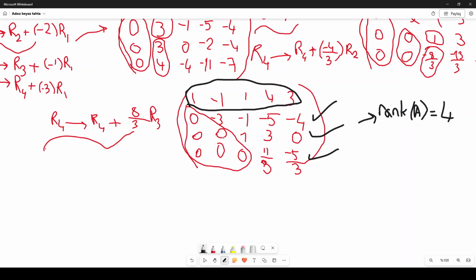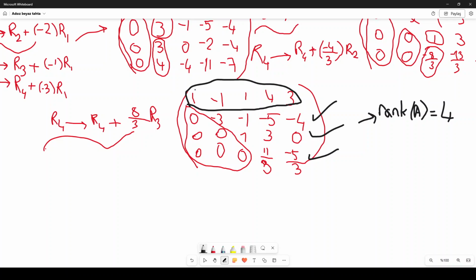So how many pivots do I have with respect to this matrix? I count the pivotal positions, and a pivot is the leading entry, the first entry which is not equal to 0 in each non-zero row.